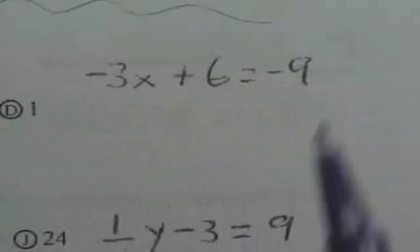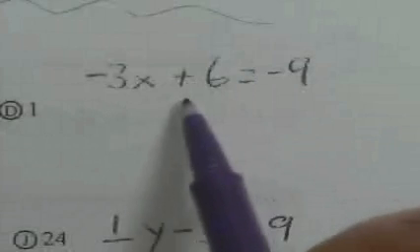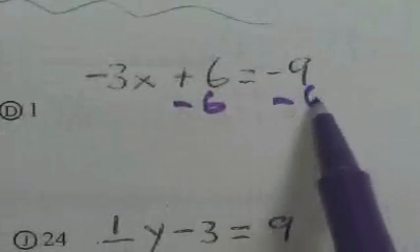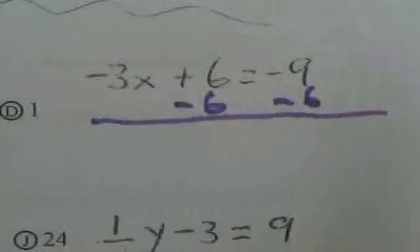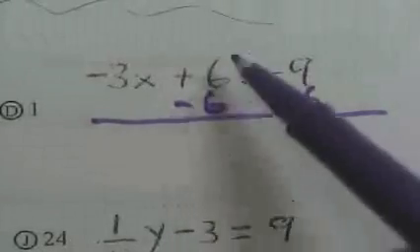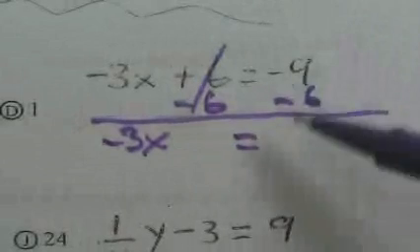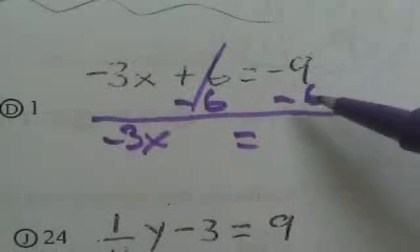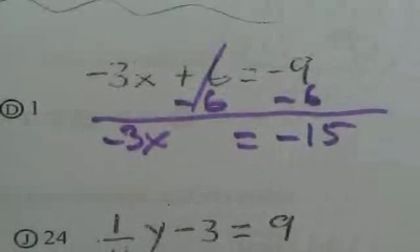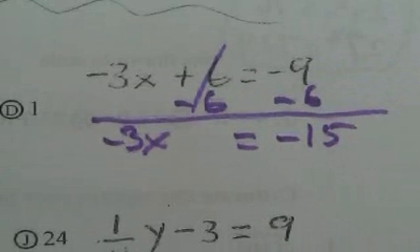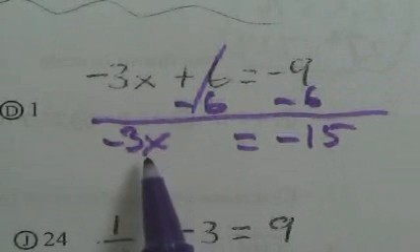Okay, let's go to 23. Okay, I have a plus 6, so I subtract 6. And that's going to give me negative 3x equals negative 9 and negative 6. That's negative 15. Okay, you might be able to look at the answer and tell it.